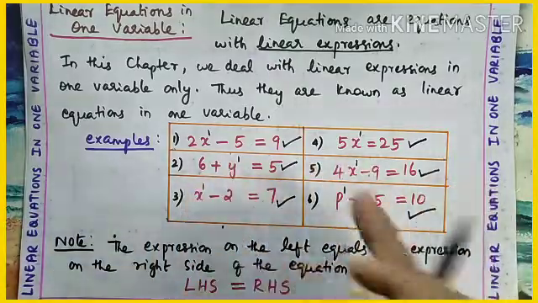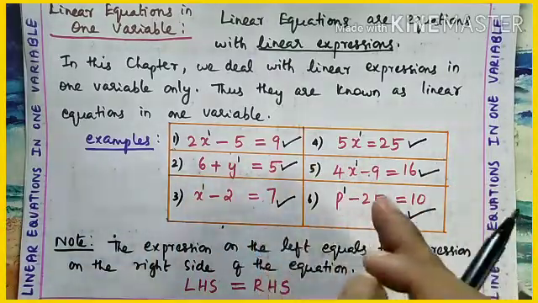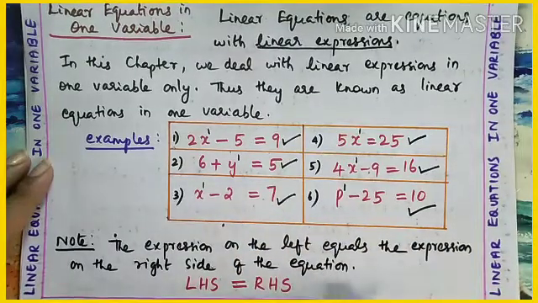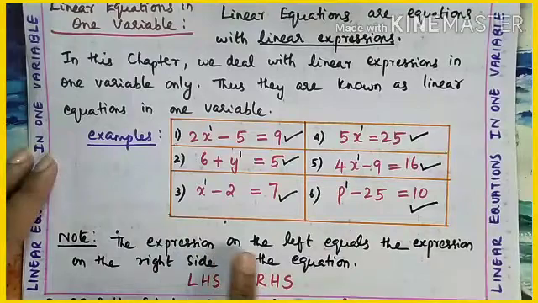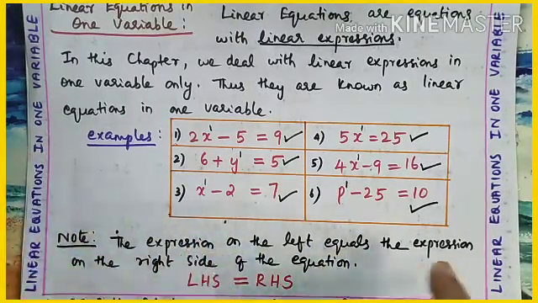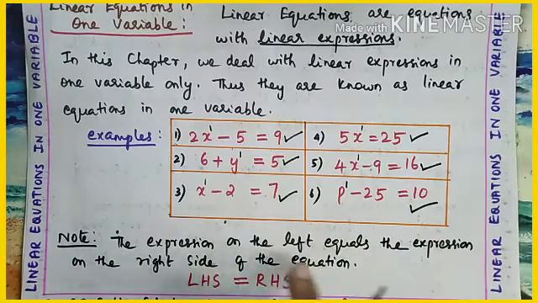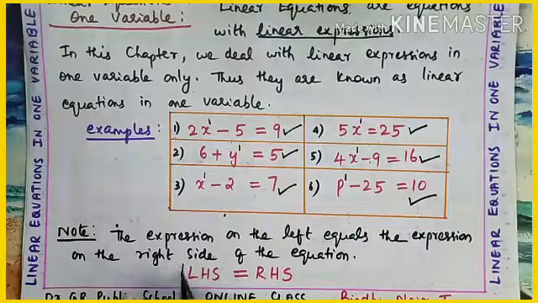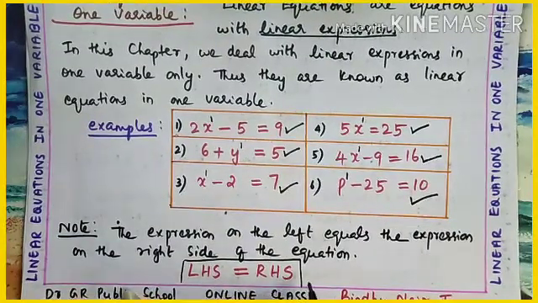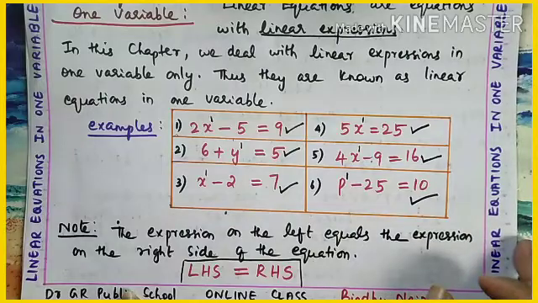So what is the meaning of that? LHS equal to RHS. I told you in the beginning, the value on the left side equals the value on the right side of the equation. So this is always true for an equation. LHS will always be equal to RHS.